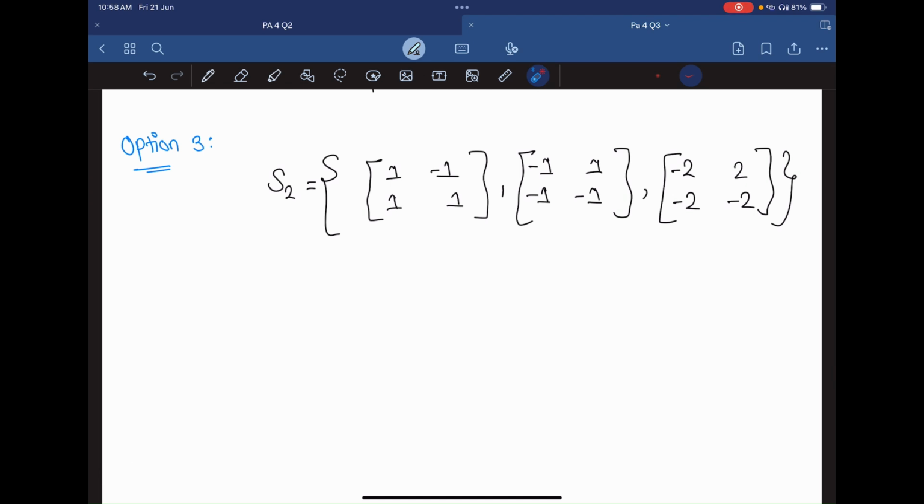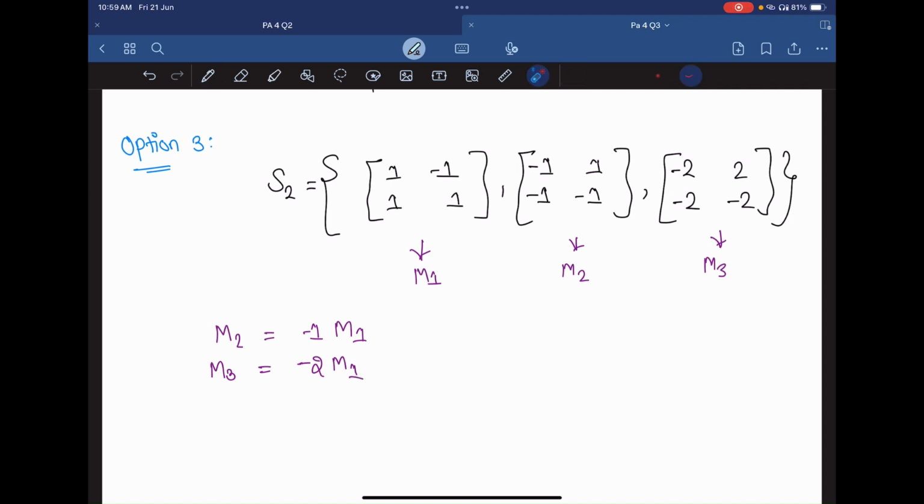Now we need to find the spanning set of this set. If we observe, this matrix is the negative times of this matrix. Let's call them M1, M2, M3. Then M2 is equal to negative 1 times M1, and M3 is negative 2 times M1.